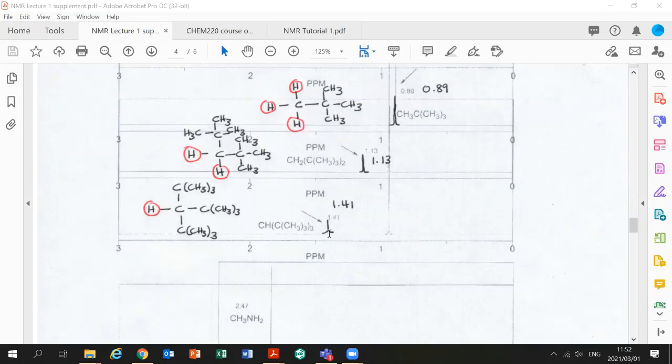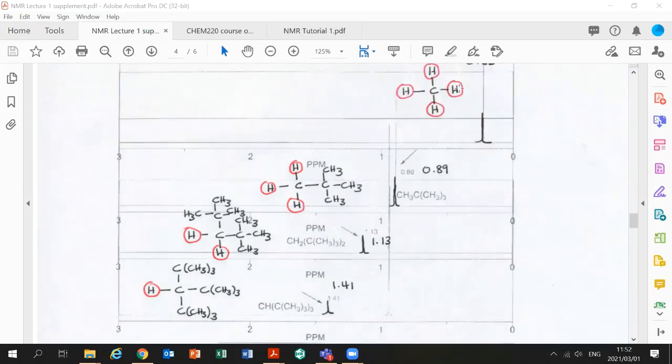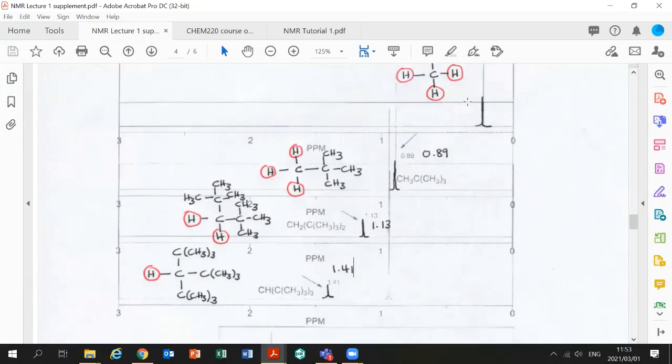You see the signal move to 1.41. So as I replace the electropositive hydrogen with a more electronegative carbon atom, 1 here, 2 here, 3 here, I deshield the signal, and the signal goes from being upfield to downfield. So you can see exactly what I said in my lecture. You can see it in a real example here.